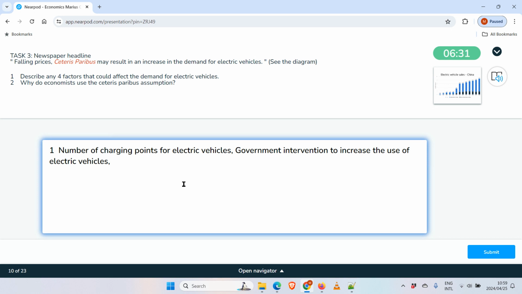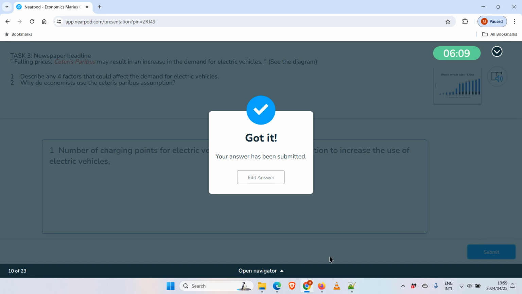This is an open-ended question to help students identify and focus on this concept of ceteris paribus, which is ignoring all other factors and focusing on one or two aspects of a particular economic concept.